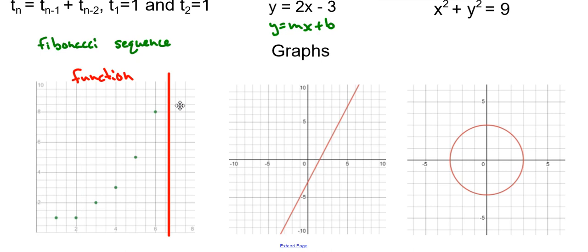If we then look at the next graph, this line, you've dealt with lines a lot already. It clearly passes the vertical line test as well. All lines will pass the vertical line test except for vertical lines themselves. And so vertical lines are not functions. So this passes the vertical line test, so it's a function.